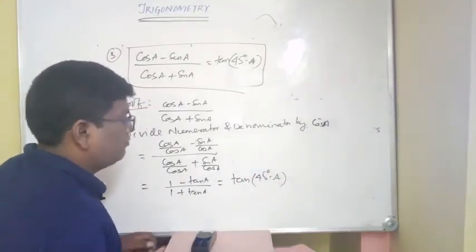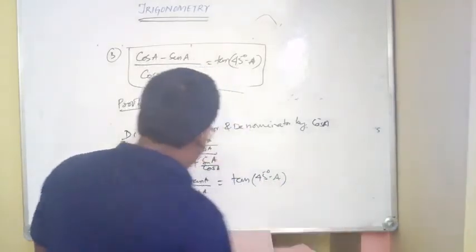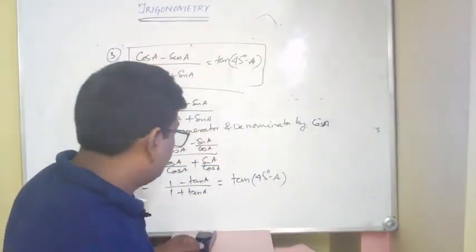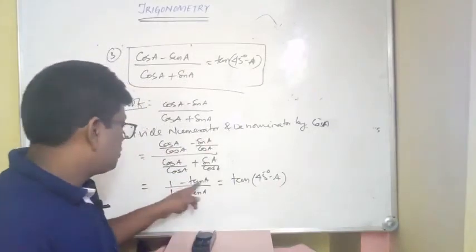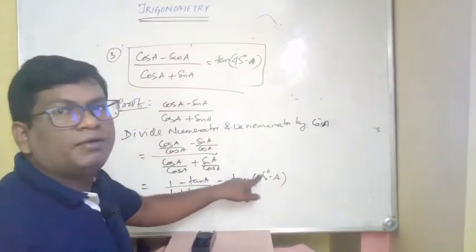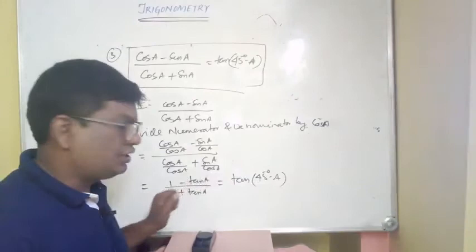From formula number 1, we already know (1 minus tan A) by (1 plus tan A) equals tan(45 degree minus A).